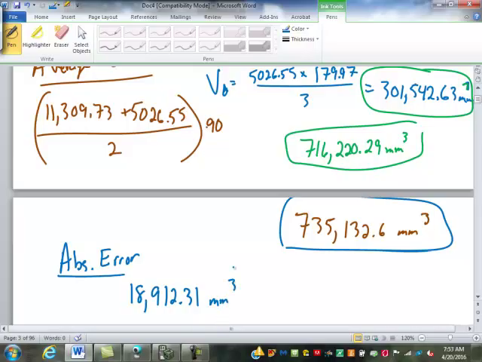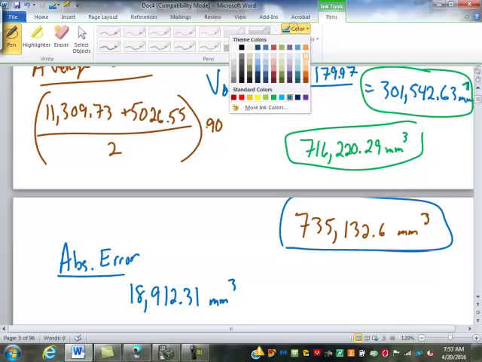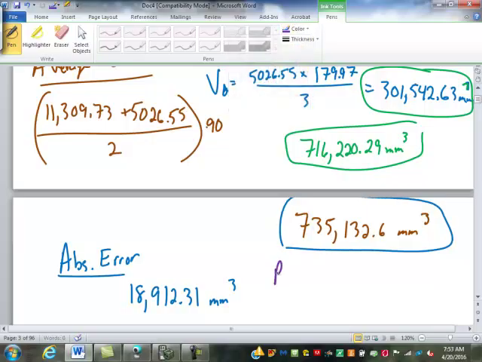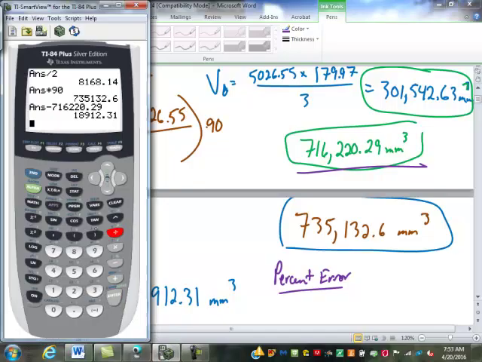Do you remember how to turn an absolute error into a percent error, or relative error? We're going to divide by the actual value, so we divide by 716,220.29. We get 0.0264. We'll remove the decimal point and make it a percent. It'll be 2.64%.